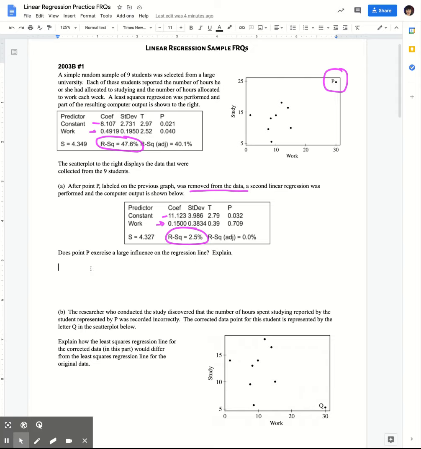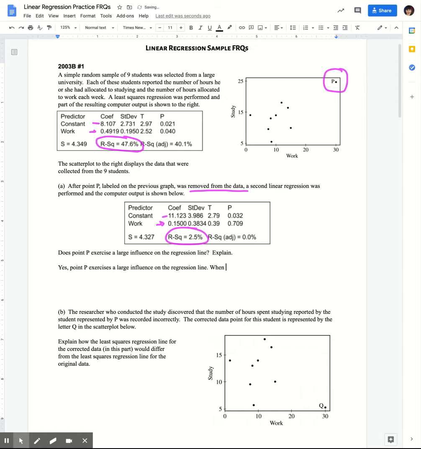So if you're answering this question, you need to, one, answer it and say, yes, point P exercises a large influence on the regression line. And then you have to talk about a couple of the changes that you see.